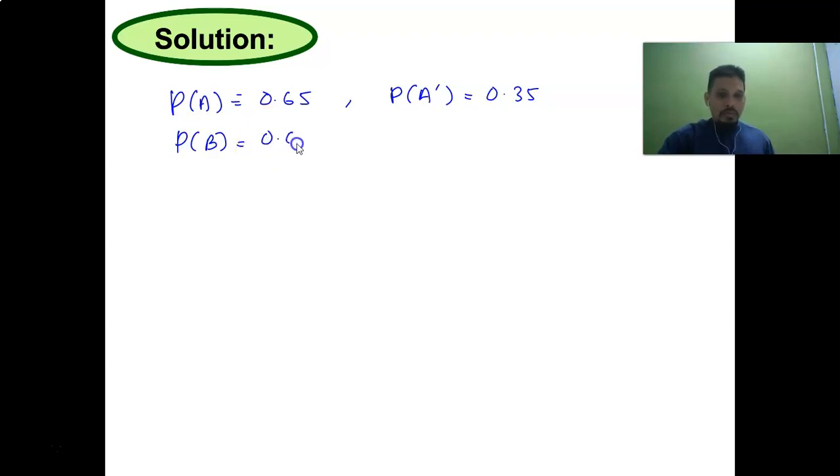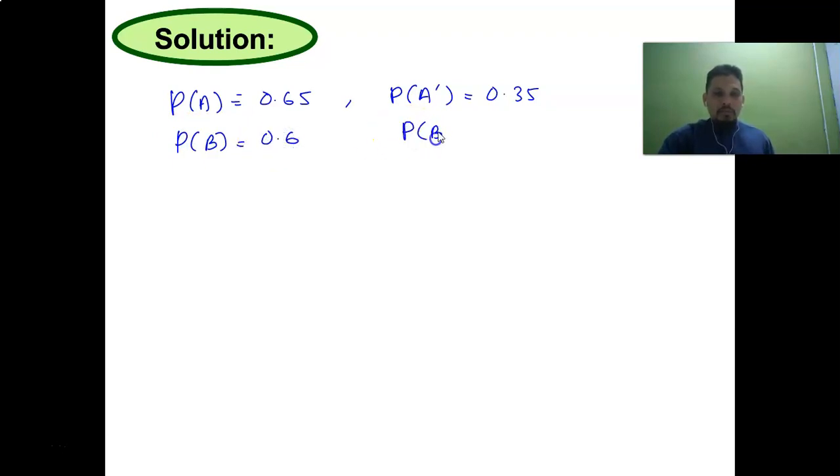Okay, so probability of Aziz getting correctly is 0.65. So if I list down here, probability of Aziz will not get correctly equal to 0.35. And the probability of Bong getting correct is 0.6.